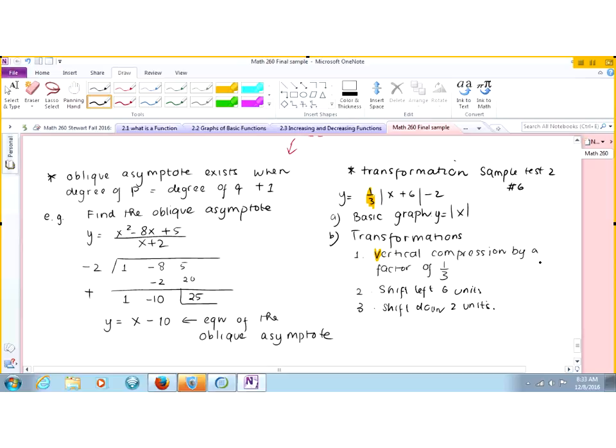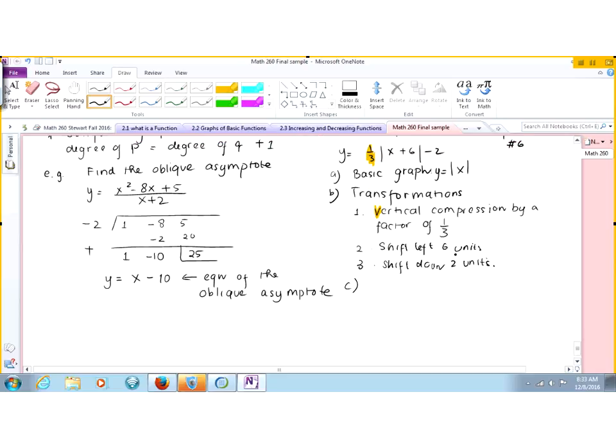Are we okay so far? Yeah. Do you think you can graph it? So choose 3 points and then apply the transformation step by step. All right.